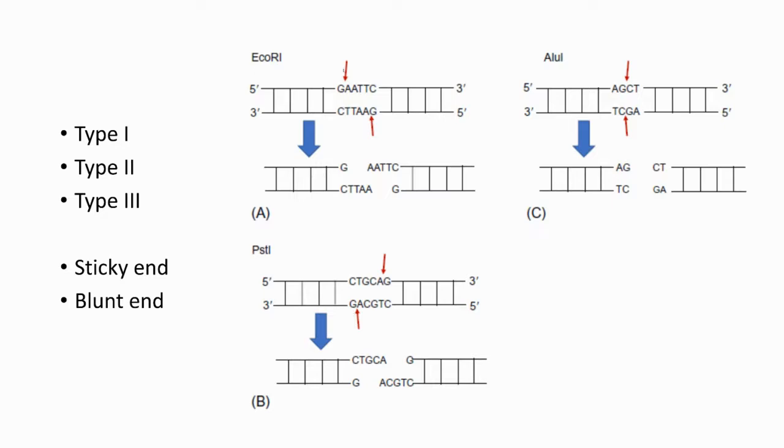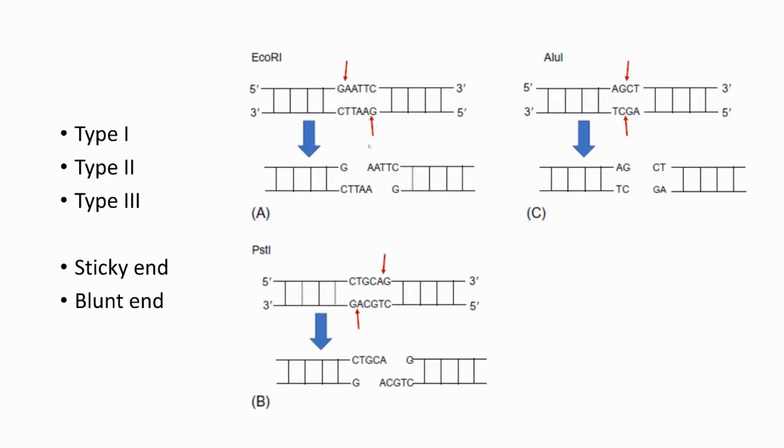And then from their digestion pattern, you can see the red arrows here. EcoR1 recognizes GAATTC and cuts the phosphodiester bond between G and A here, and again between G and A on the other strand.